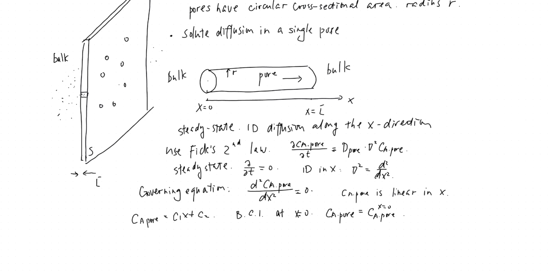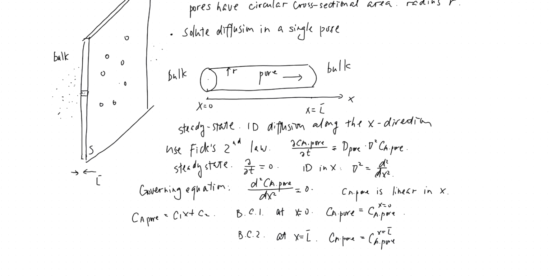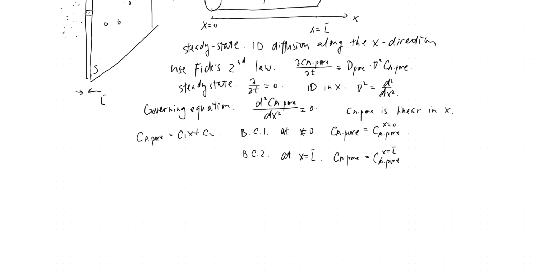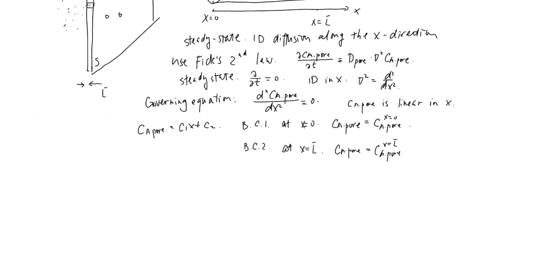Similarly, with BC2, at x equal to L bar, CA in the pore equals CA in the pore evaluated at x equal to L bar. In a lot of physics and engineering problems, when you solve those generic equations, it's okay to use a placeholder.